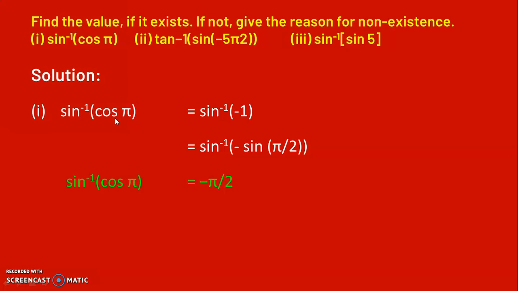For that we found the value of cos pi, that is minus 1, and the 1 is sine pi by 2, and this sine and sine inverse are cancelled, so that your answer is minus pi by 2. Okay, so the value of sine inverse of cos pi is minus pi by 2.